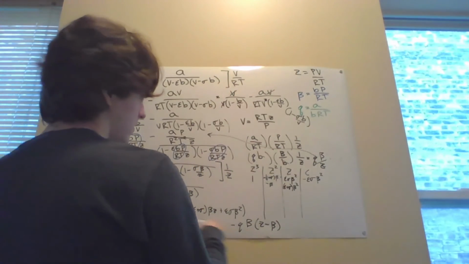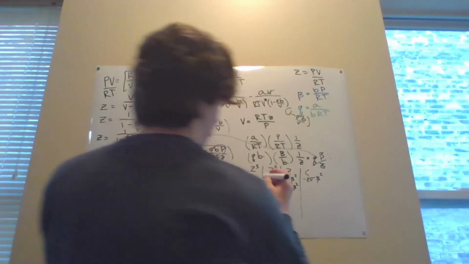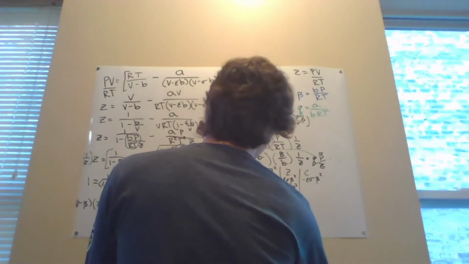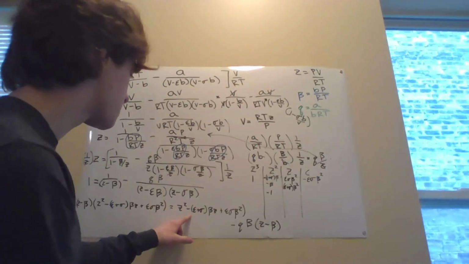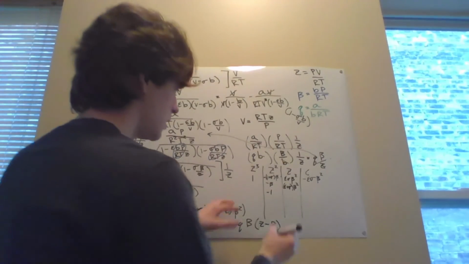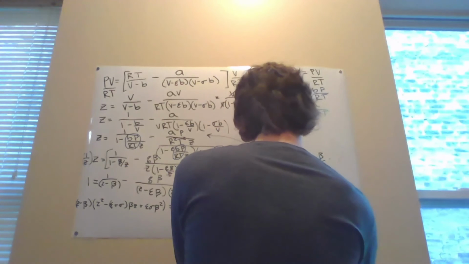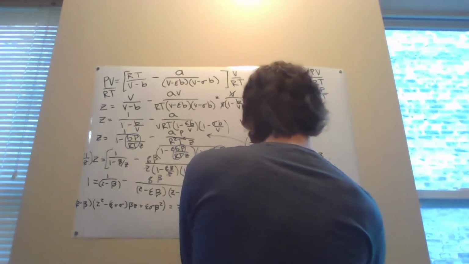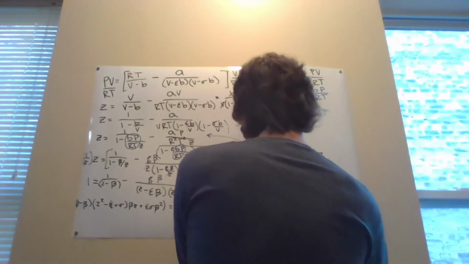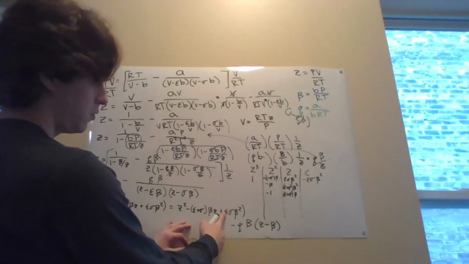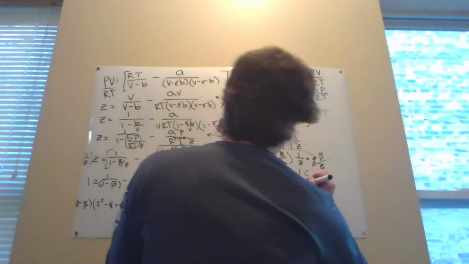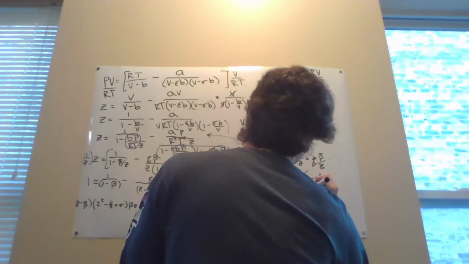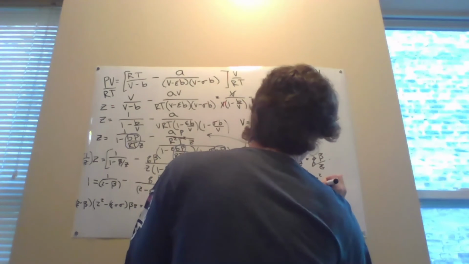Now we're going to move this over. So we'll have a negative 1z squared minus, this will be plus since we'll move it over. So we'll have epsilon plus sigma times beta as a z term. This will be moved over, so it'll be negative epsilon sigma beta squared.